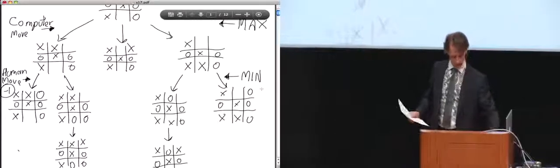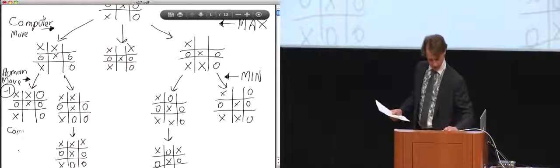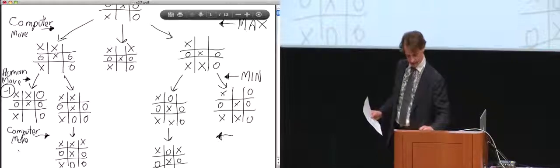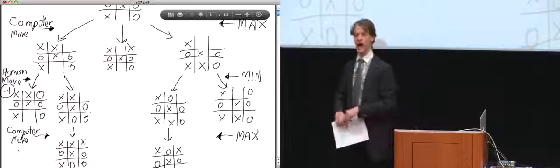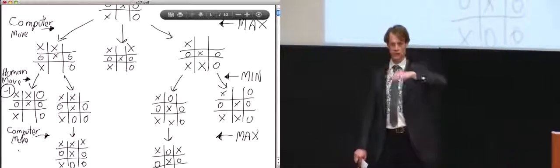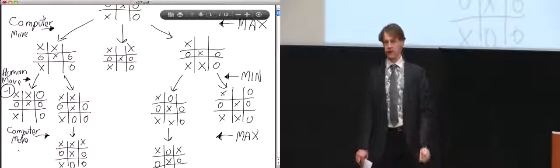And then again at the bottom, we're going to have a computer move for some of these grids, if the game isn't over. And so this will be another max level of the tree. And if you had a much deeper tree, it would keep alternating between max level, min level, max level, min level, max, min, all the way down.